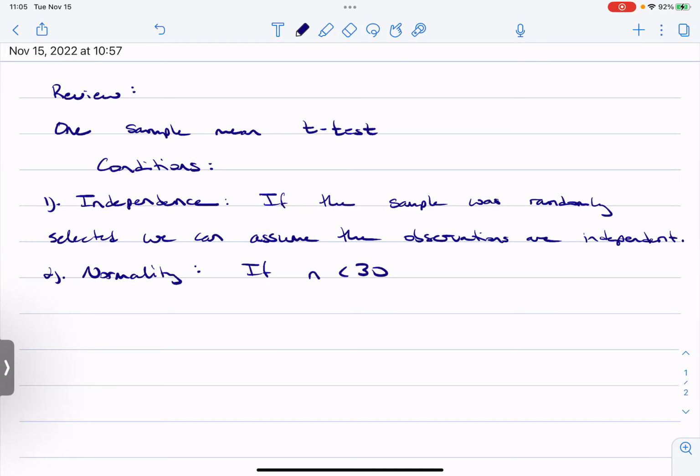If n is less than 30, then the sample distribution must be approximately normal, or symmetric with no outliers.